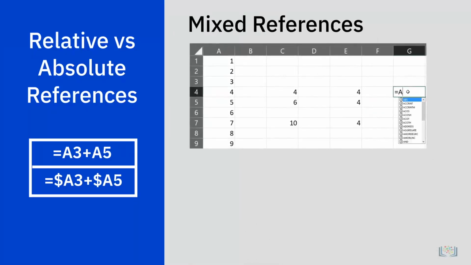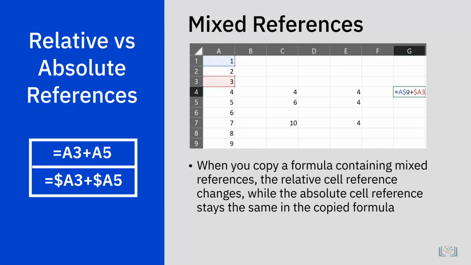These are called mixed references, and an example of this would be A$1 plus $A3, where A$1 has a relative column and an absolute row, and $A3 has an absolute column and a relative row. In contrast to relative and absolute references, when you copy a formula containing mixed cell references, any relative cell references will change, whereas any absolute cell references will stay the same in the copied formula.